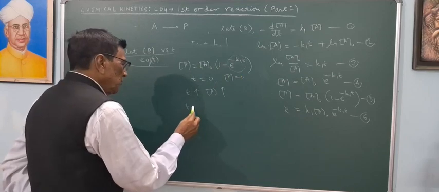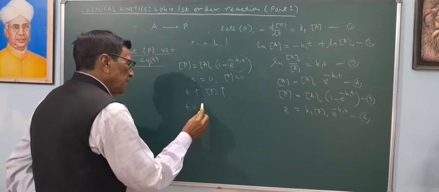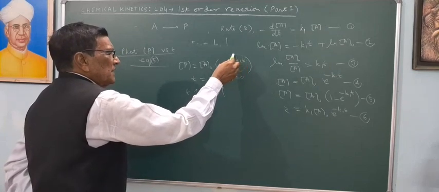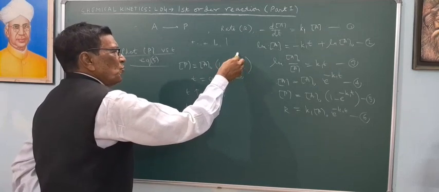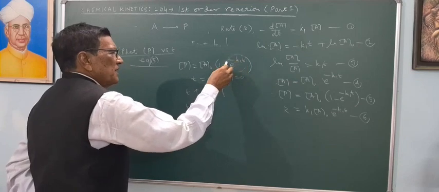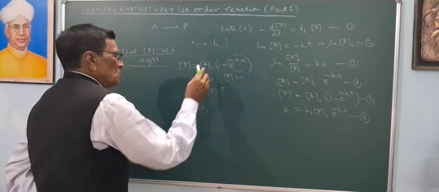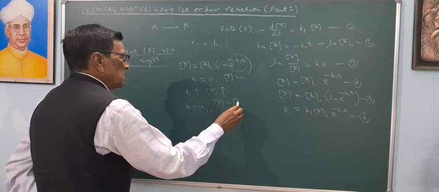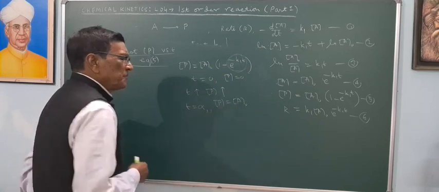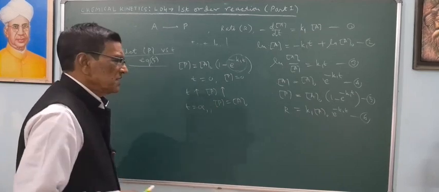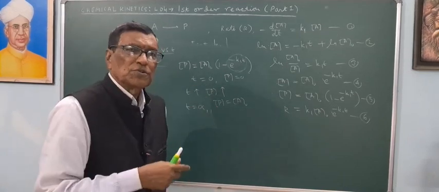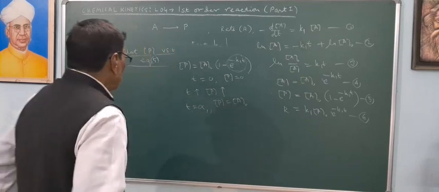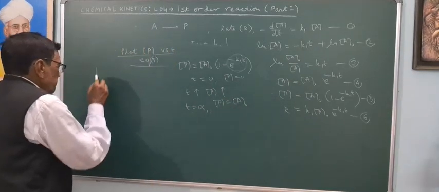When T equals infinity, this term equals 0, so the concentration of P equals the concentration of A naught. That means the product concentration almost reaches the initial concentration when time is infinity. So the plot will be like this.